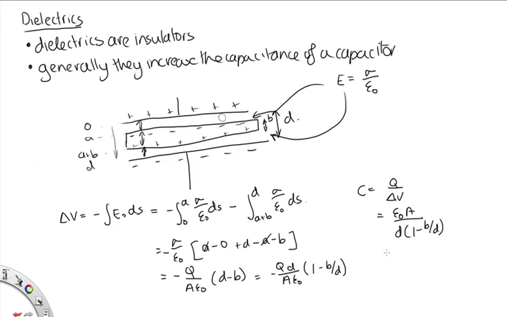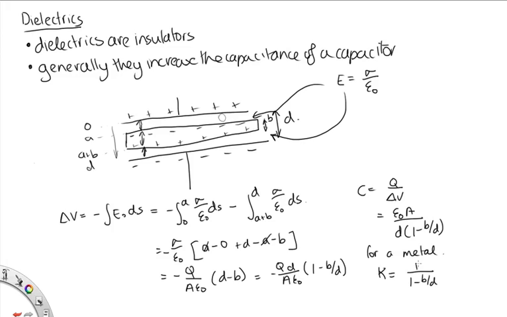So for a metal, our dielectric constant would be given by 1 over 1 minus b on d, as this is by how much it has changed the capacitance of this system.